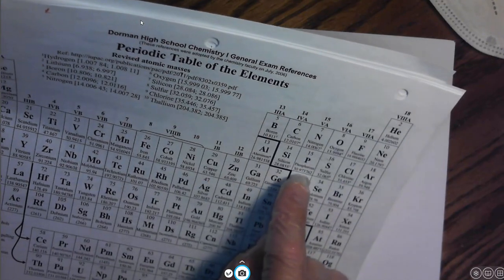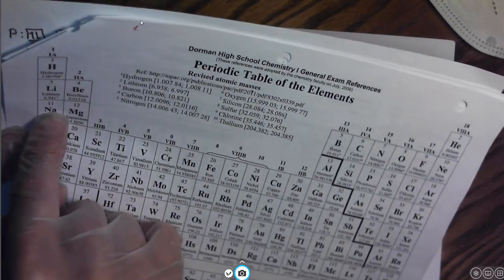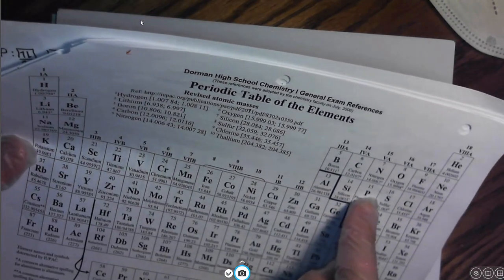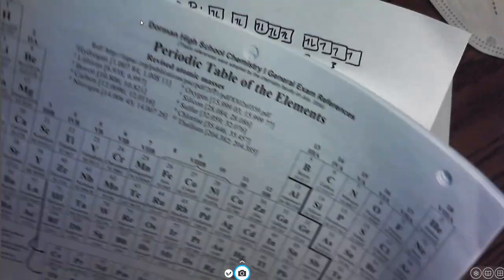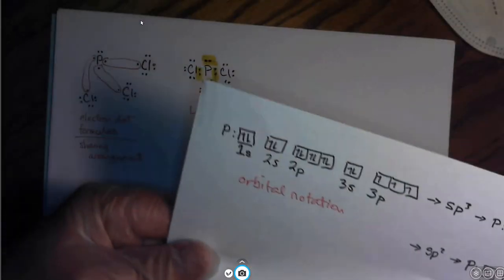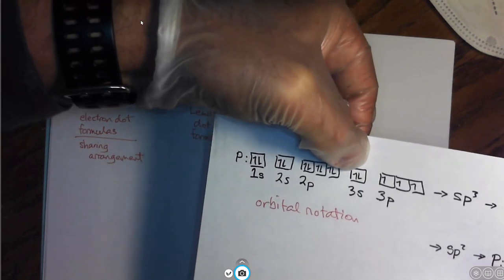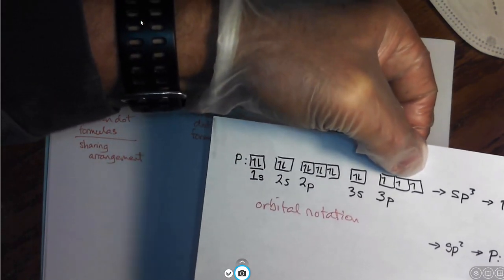Well, you count over in the sense that you're identifying the fact that you have 1, 2 s electrons and 1, 2, 3 p electrons in the valence level of phosphorus, because phosphorus is right here. That comes from the orbital notation. We figured out the orbital notation so that we found out there were 2 s and 3 p electrons.